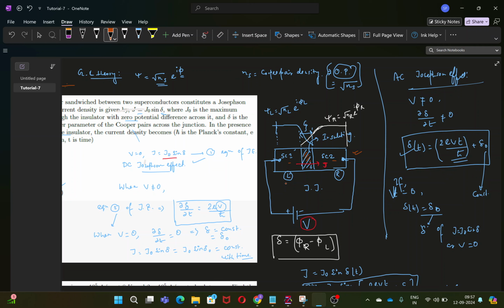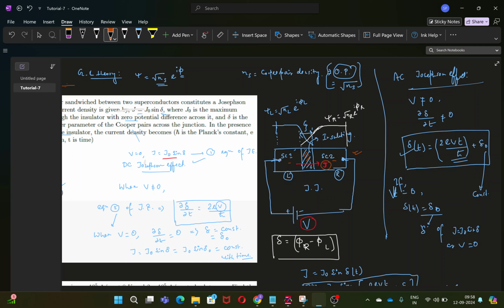We mark the left side superconductor as L and the right side as R, and the supercurrent density, not critical current density, that is happening by quantum tunneling of Cooper pairs is shown by this arrow mark here, and it is given by the term J. So J is the tunneling that is happening by the supercurrent through the Josephson junction.